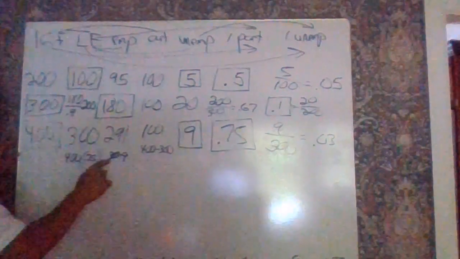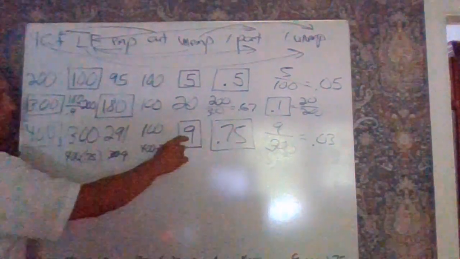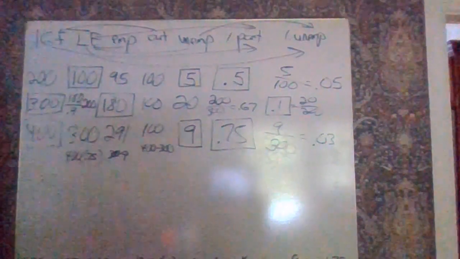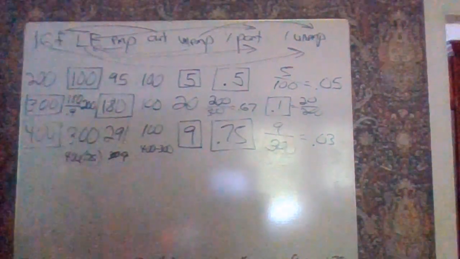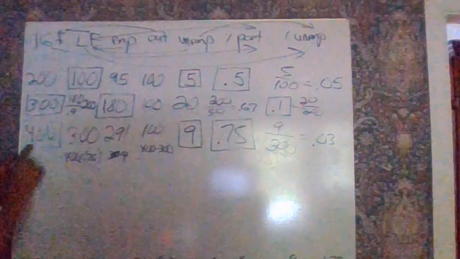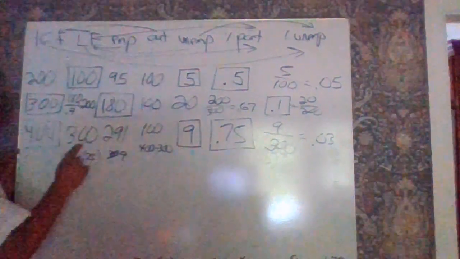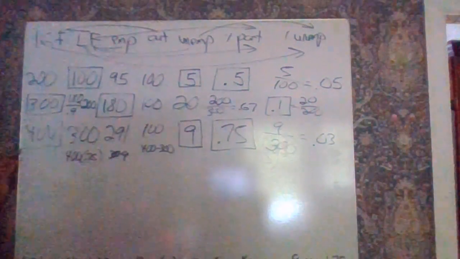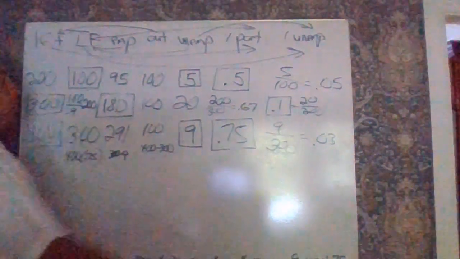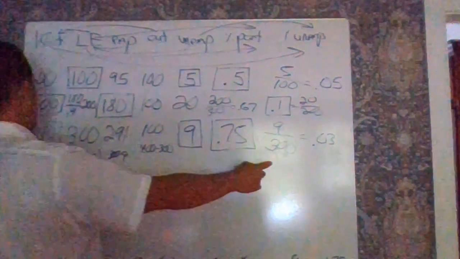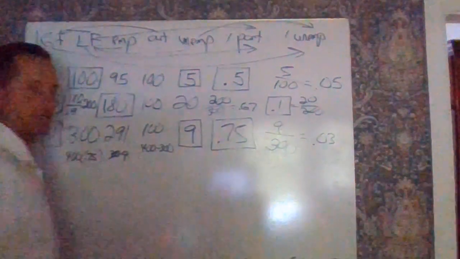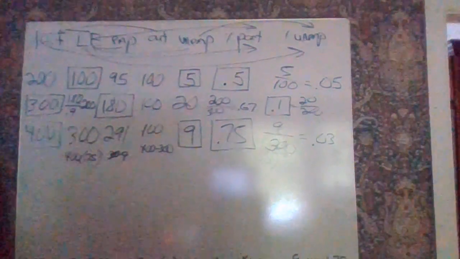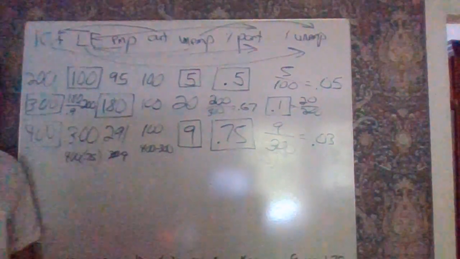A labor force of 300, taking out the unemployed of 9, leaves us with the employed of 291. Of the adult population of 400, 300 in the labor force, 100 are out of the labor force. And if we know the unemployed of 9 and the labor force of 300, 9 over 300 is the unemployment rate. I hope this has worked out well for you, and thanks for watching.